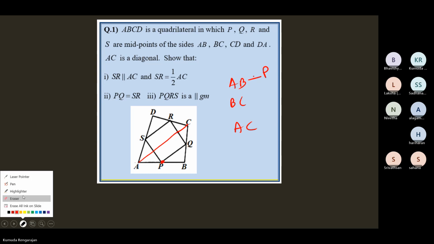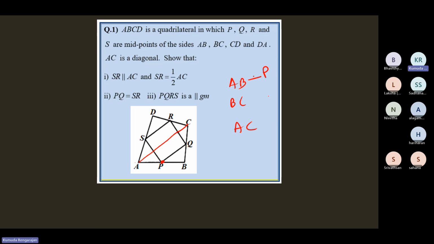These are the three sides of the triangle ABC. Now we know that P is the midpoint of AB, and Q is the midpoint of BC. So AC is the third side.